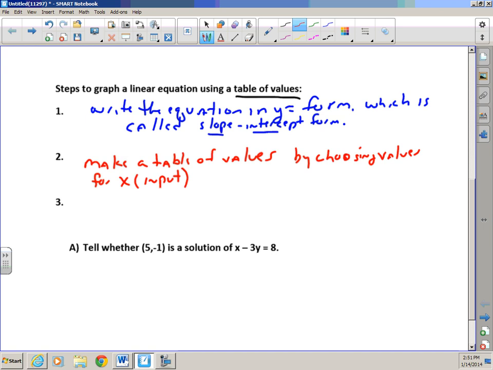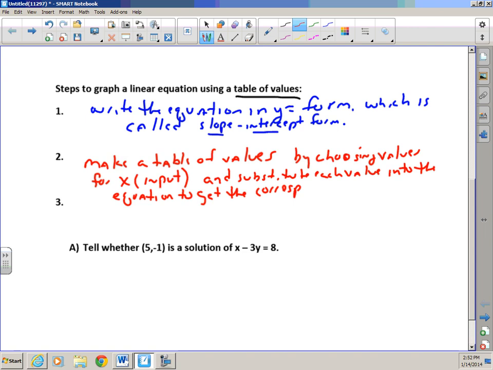So x is the numbers that we want to input and substitute each value into the equation to get the corresponding y value, which is our output.